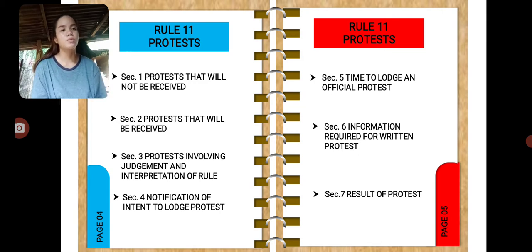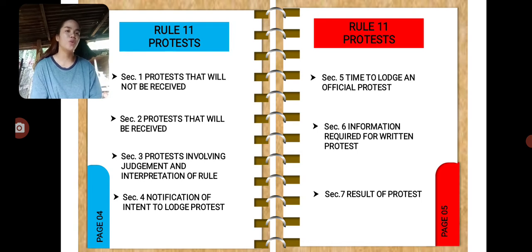Protests that will be received and considered include matters of misinterpretation of a playing rule, failure of an umpire to apply the correct rule to a given situation, failure to impose the correct penalty for a given situation. For Section 3, protests involving judgment and interpretation of rule. A protest may involve both a matter of judgment and the interpretation of the rule.